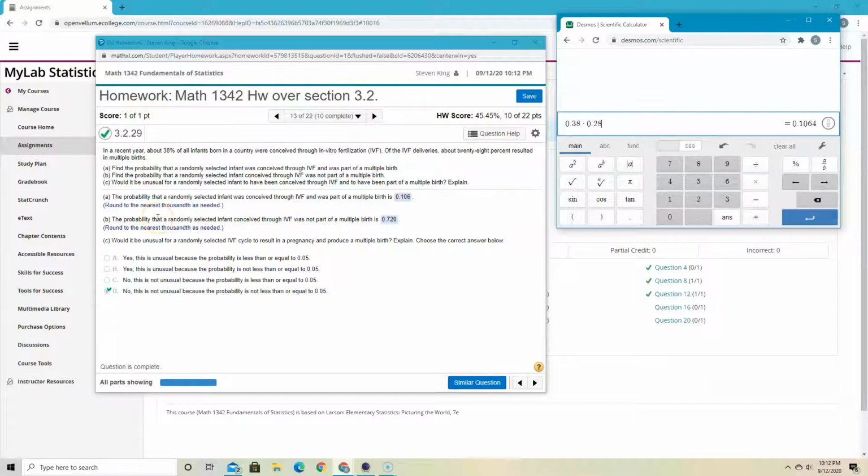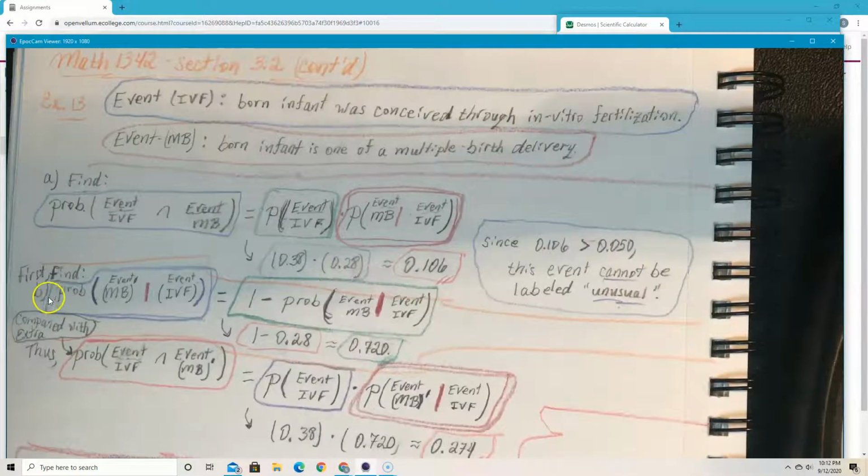It can be tricky when they're not nice and give us comfortable words to decide what they're saying here. So letter B, find first the probability that, knowing that the infant born was conceived through in vitro fertilization, the infant born was not part of a multiple birth delivery.